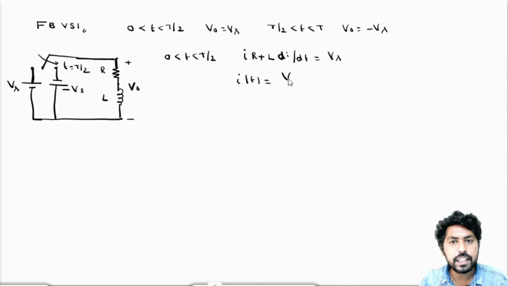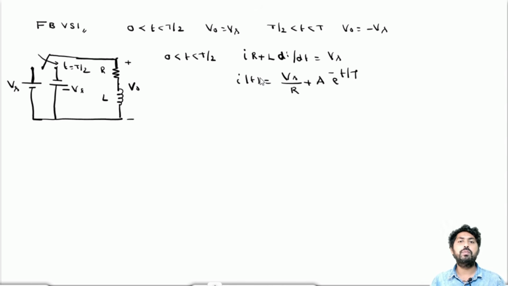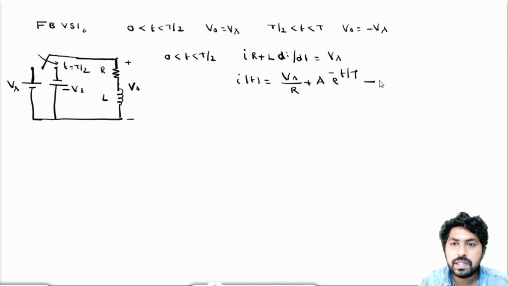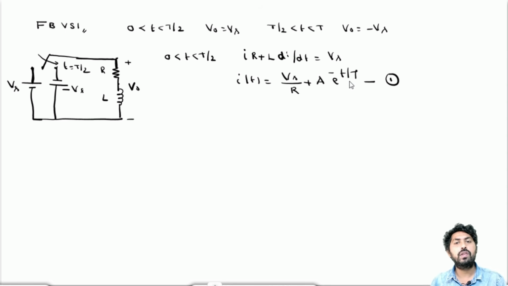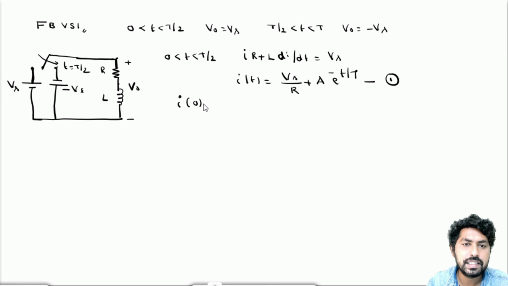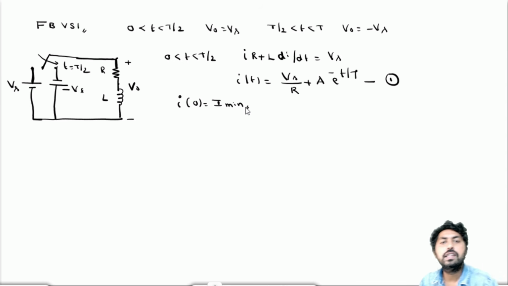The steady state response would be Vs by R, and the transient response I will represent with A into e power minus t by tau. Let this be equation number 1. Let me take I of 0 as I minimum, so at t equals 0, it has a minimum current.